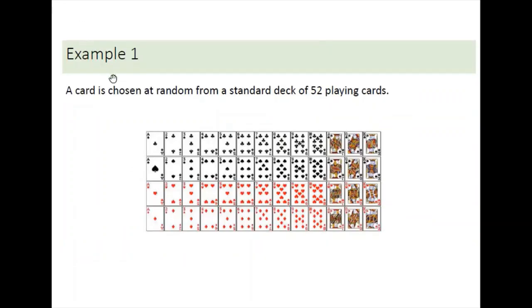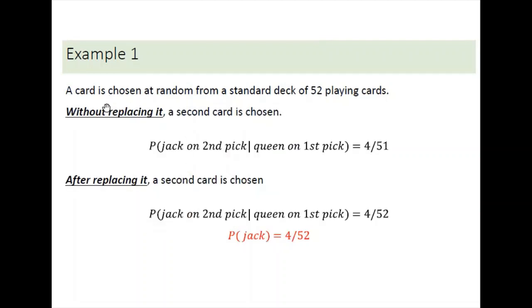Now look at this example. A card is chosen at random from a standard deck of 52 playing cards. Without replacing the first card, a second card is chosen. What is the probability of a jack on the second pick, given that a queen was on the first pick?